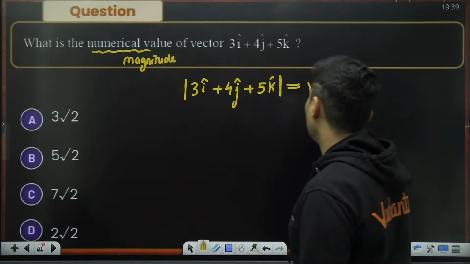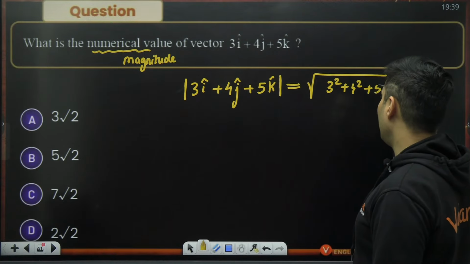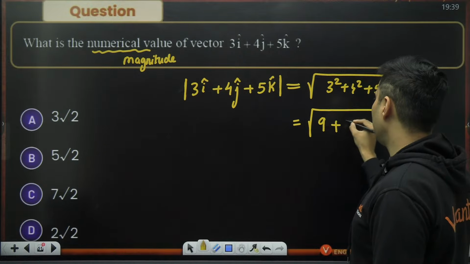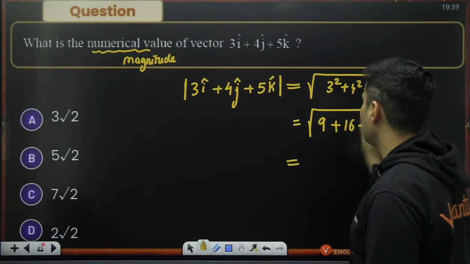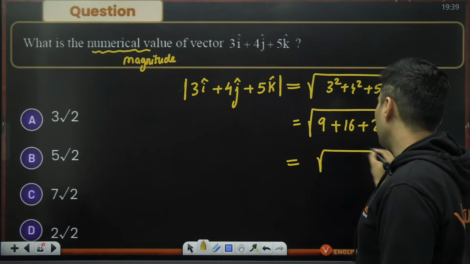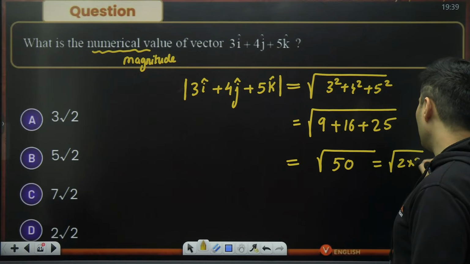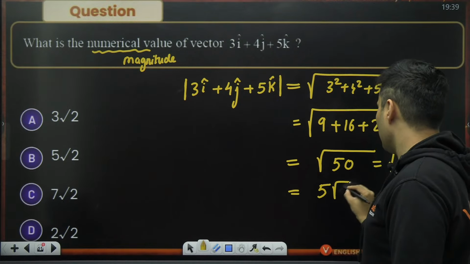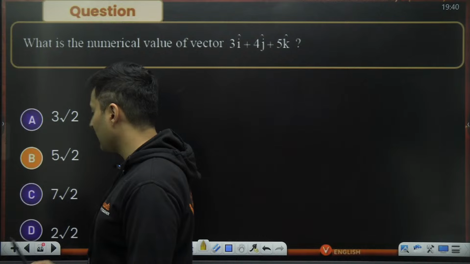Well, take the components: 3 square, 4 square, and 5 square. 3 square is 9, 4 square is 16, and 5 square is 25. So what is 9 plus 16? That is 25. So the total will be root of 50, which is the same as root of 2 into 25. 25's root is 5. So it will be 5 root 2. So 5 root 2 is option B. That is the correct answer.